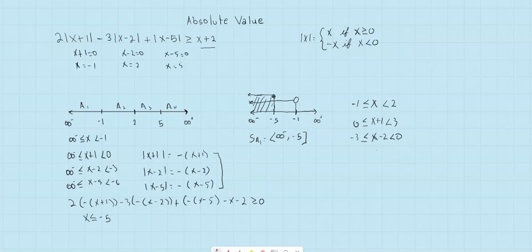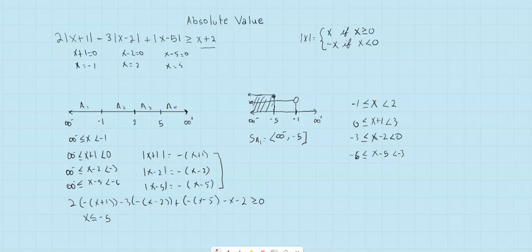And then x minus 5: if you add it to the 2, you get less than negative 3. Sorry, this is negative 3. And if you add it here, it's going to be negative 6, so between negative 6 and negative 3.